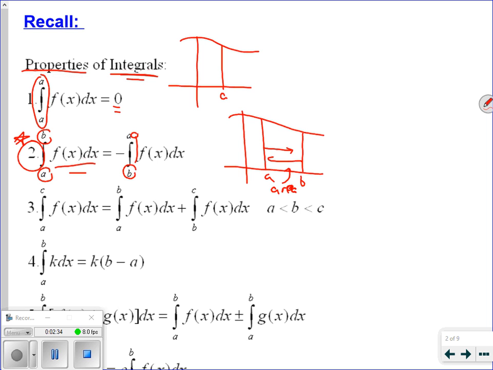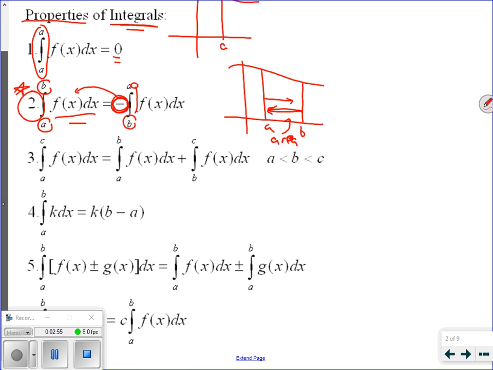Going backwards when computing area makes it negative. So a negative times a negative would make a positive, which would make those equivalent. If I want to make us go forwards, with the lower bound on the bottom, we just put a negative out front. We'll see examples of that later.